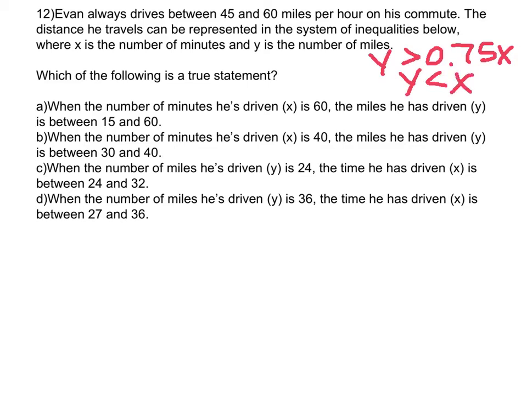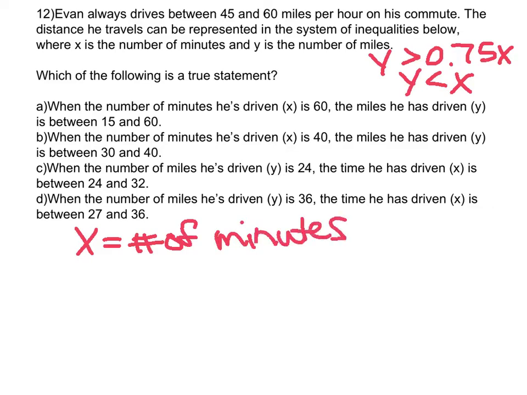So what you want to do is take a look at these two systems of inequalities, and you want to let x equal the number of minutes and you want y to be the number of miles.